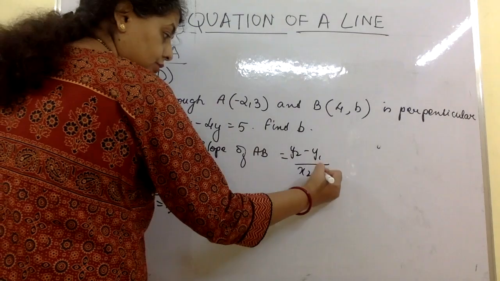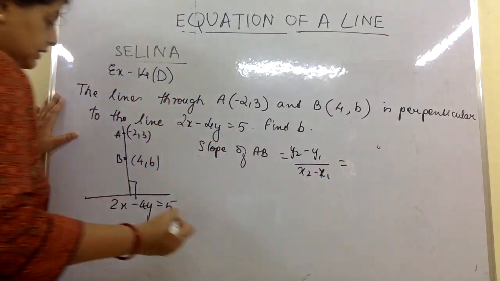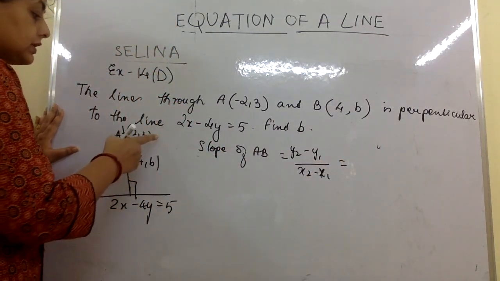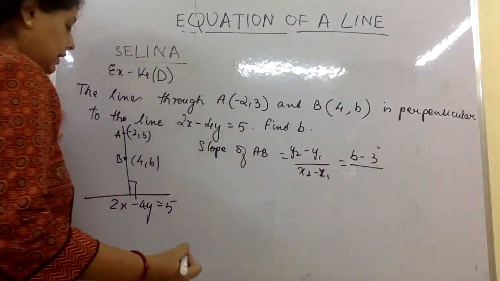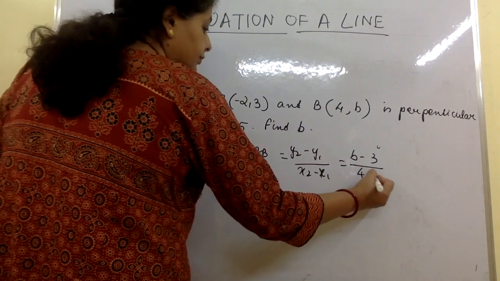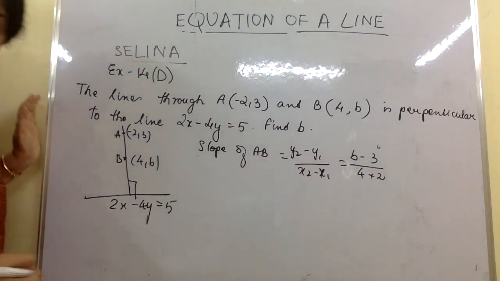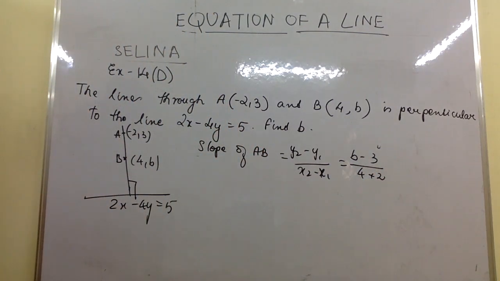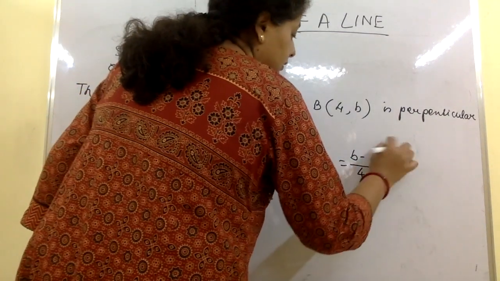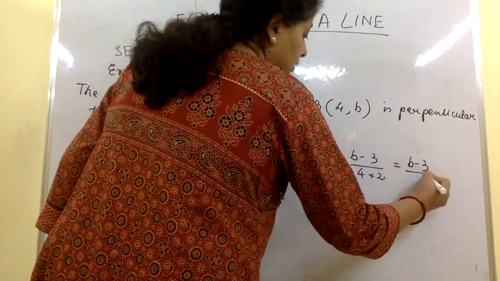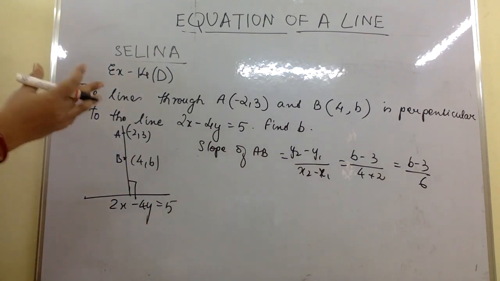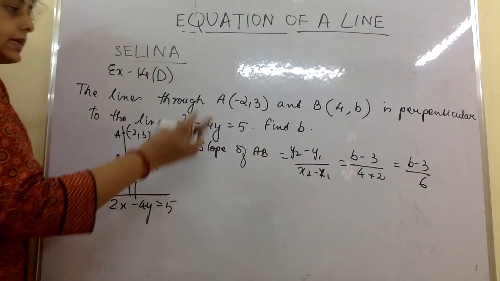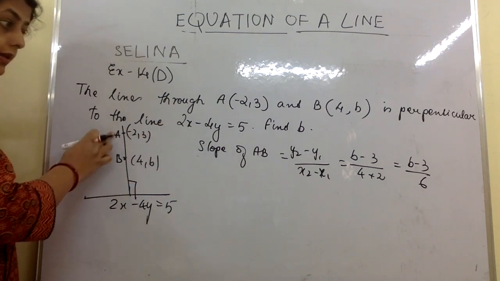That is b minus 3 and 4 plus 2. So it becomes b minus 3 by 6. This is the slope of this line that we found.